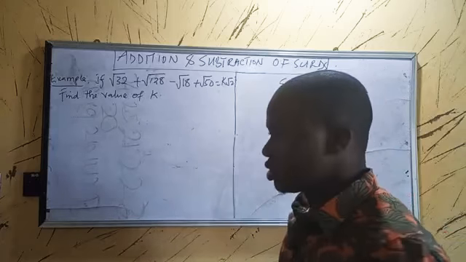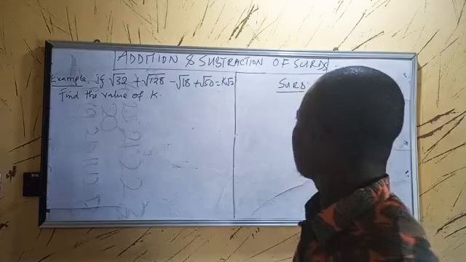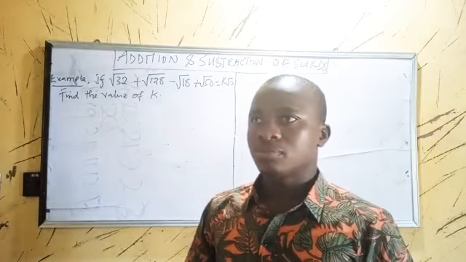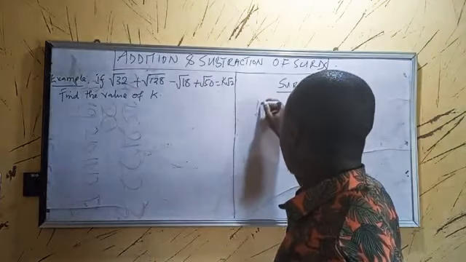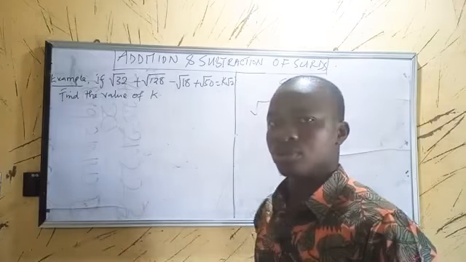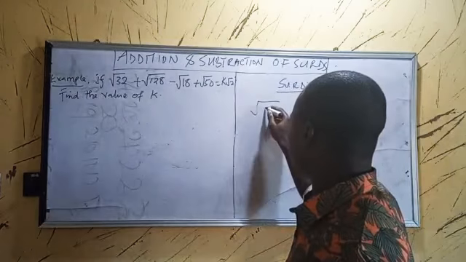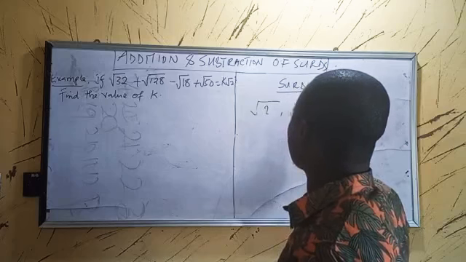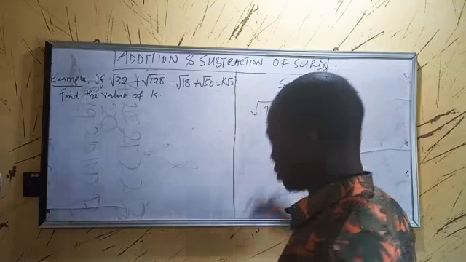So, surd is if you have a number under this, that is square root, like square root of 2, square root of 3, square root of 7, like this.